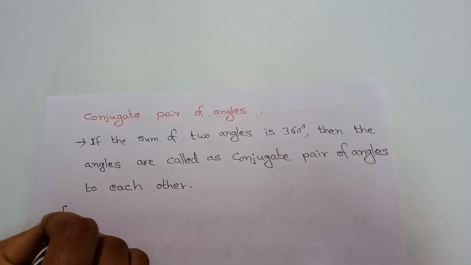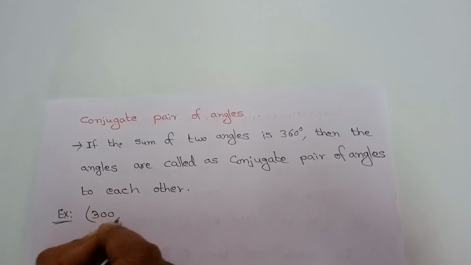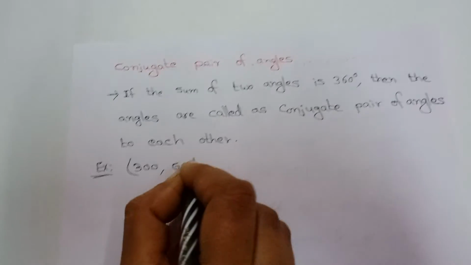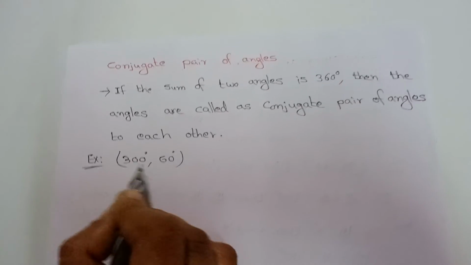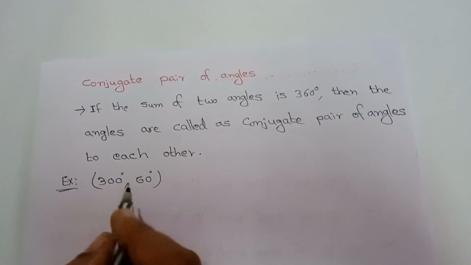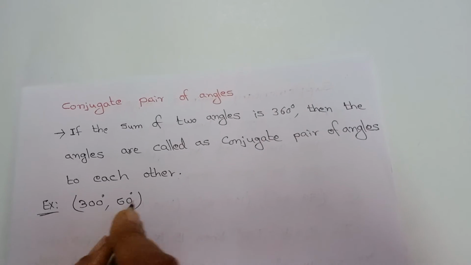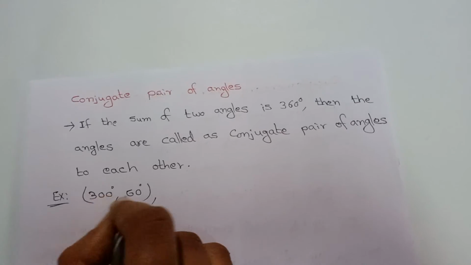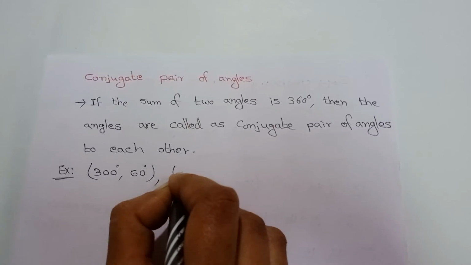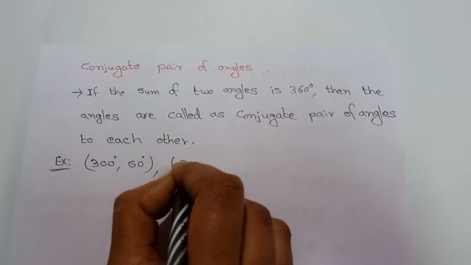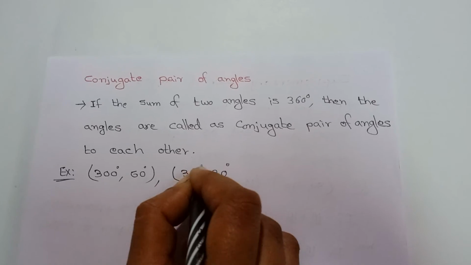For example, 300 and 60 are conjugate pair of angles to each other. Why? Because 300 plus 60 gets 360. Sum is 360. That's why conjugate pair of angles. 330 and 30.